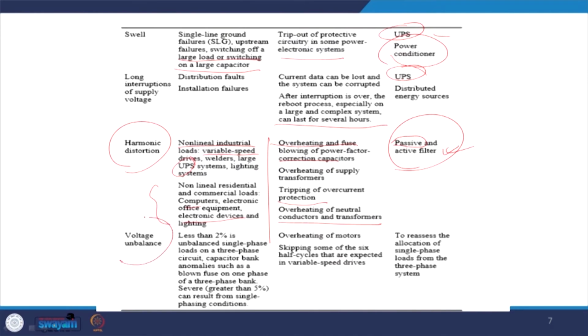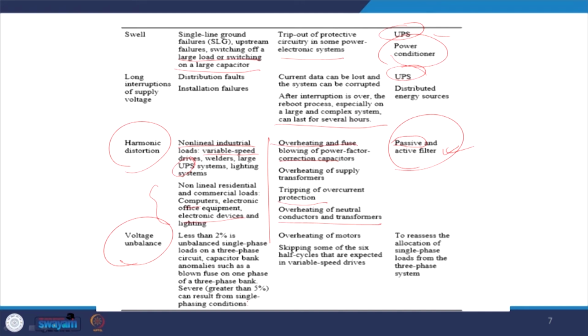Similarly, voltage unbalance: less than 2% unbalance is allowed for single phase loads on 3-phase circuits. Capacitor bank anomalies such as a blown fuse on one of the phases or any other reason, load unbalance may cause it.